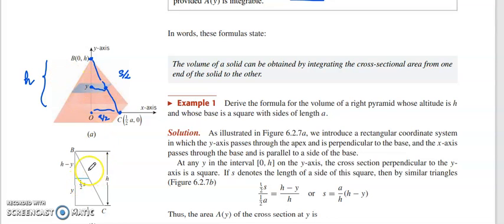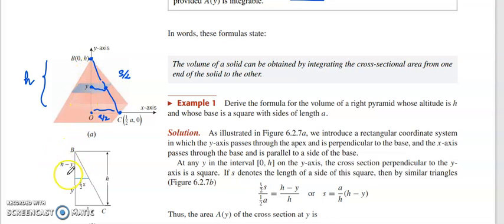This distance is going to be s by 2. If this distance from O to this point is y, then this distance will be h minus y.